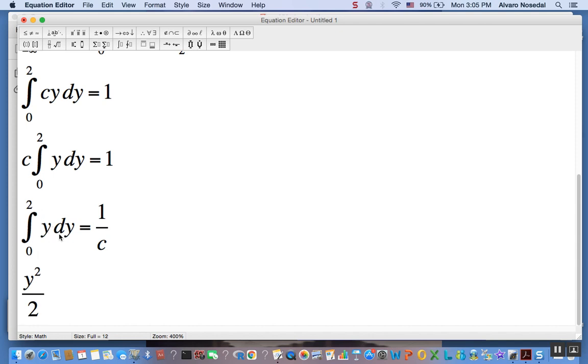Again, the integral of y with respect to y is going to be just y squared divided by 2, and then what we have to do is evaluate at 2 minus the evaluation at 0. So let me do that here.